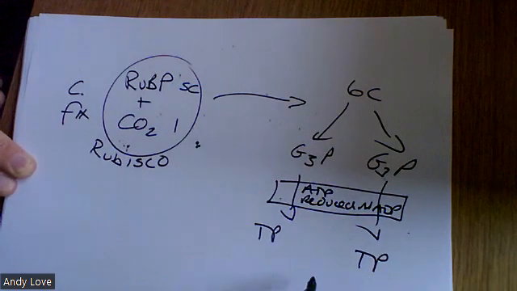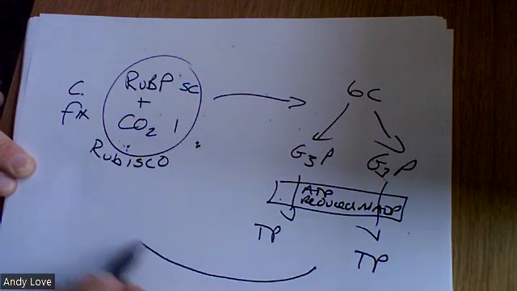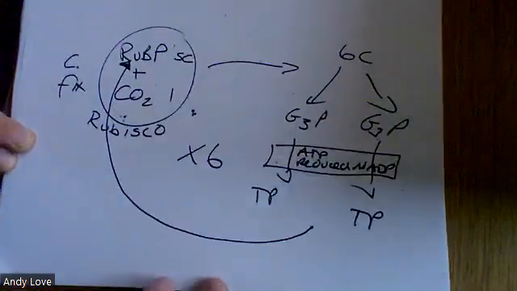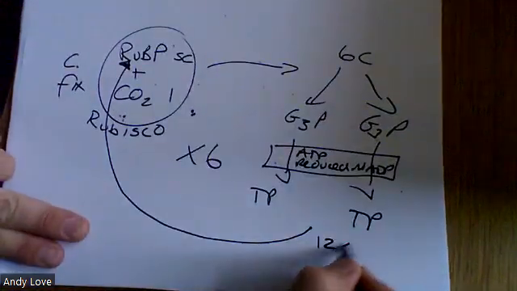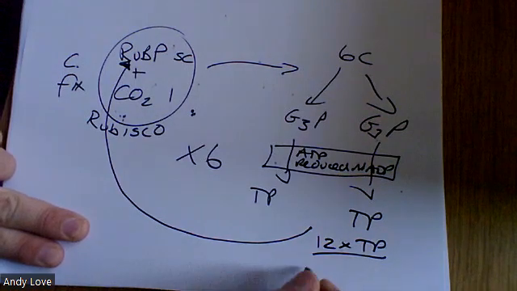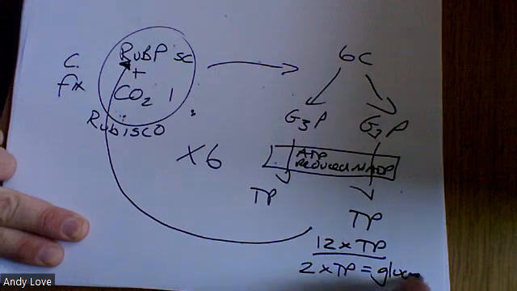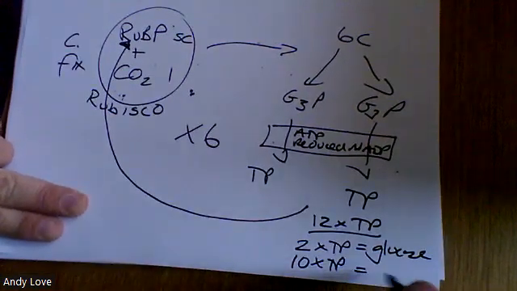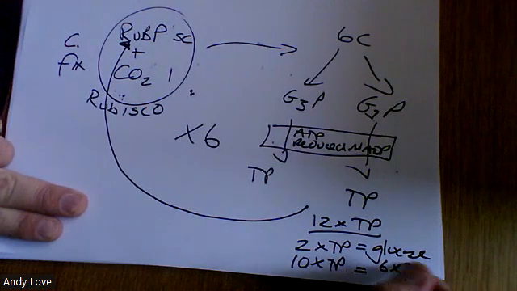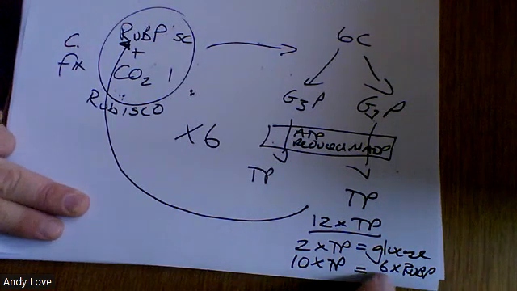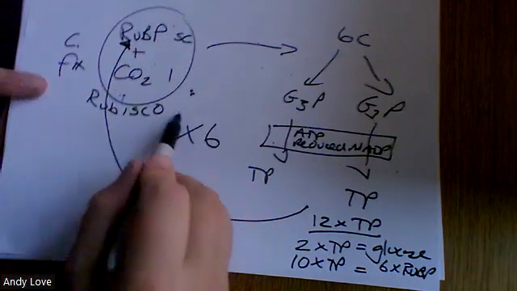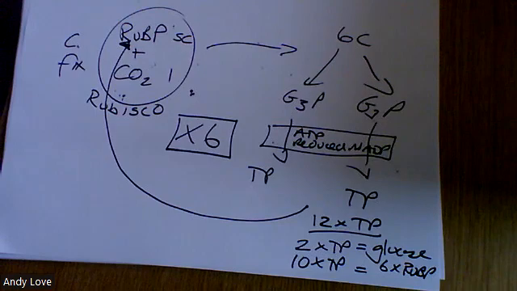And then the TP goes back to making the RUBP. But if it goes around 6 times, you get 12 lots of TP made, folks. And you know that 2 lots of TP will make 1 molecule of glucose, and 10 lots of TP will make 6 lots of RUBP, which means that they can pick up 6 lots of carbon dioxide. So 6 is the magic number.